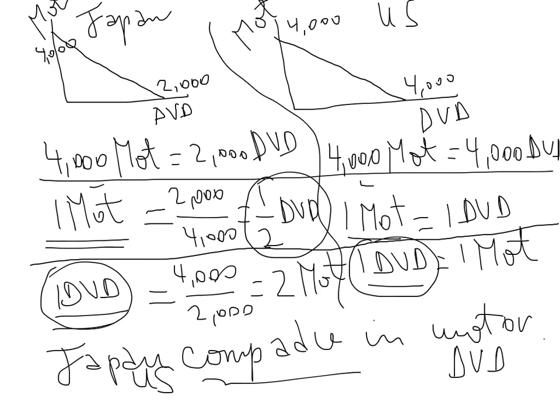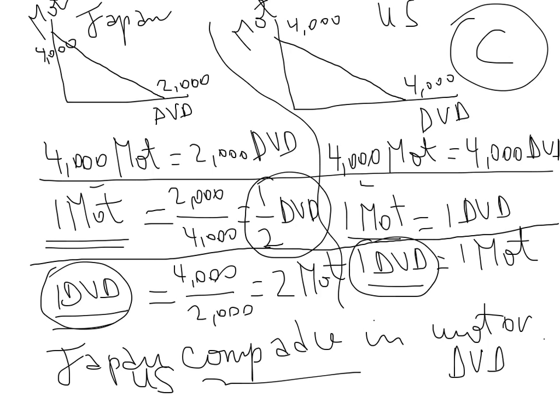A, Japan has a comparative advantage in both goods, that's not the case. B, Japan has a comparative advantage in DVD players, that's not the case. C, Japan has a comparative advantage in motorcycles, United States in DVD. That's the right choice. So the answer for multiple choice 1 is C.